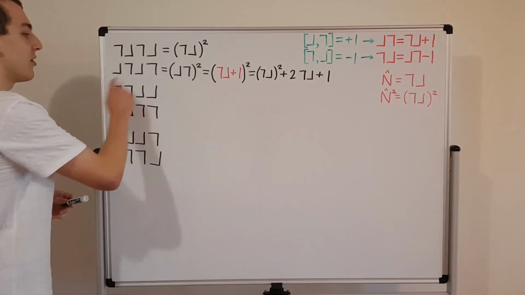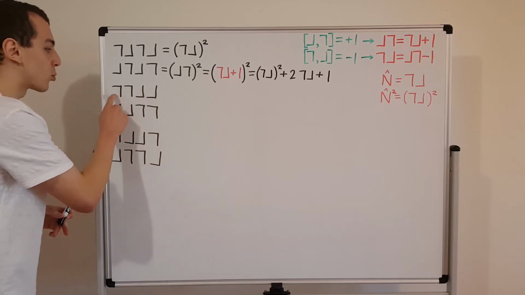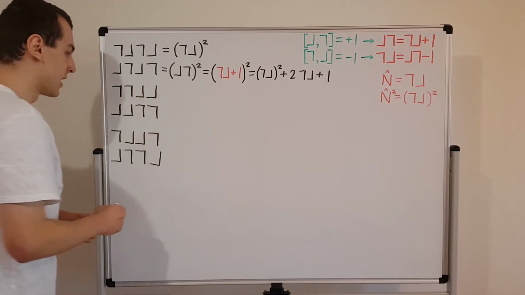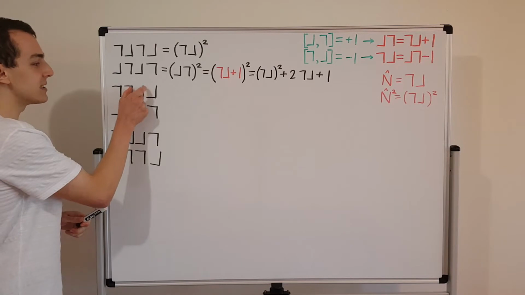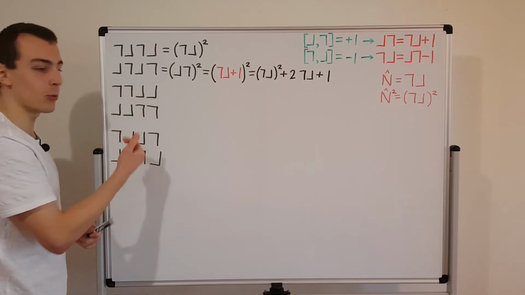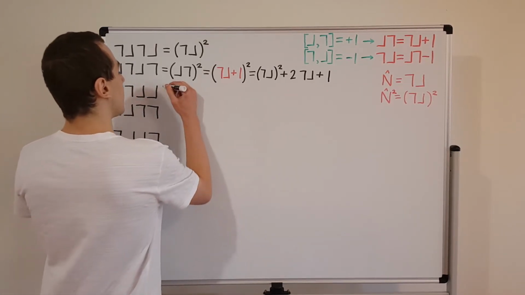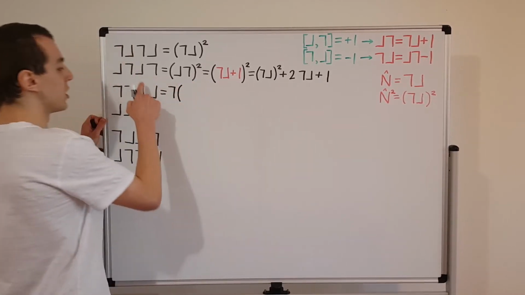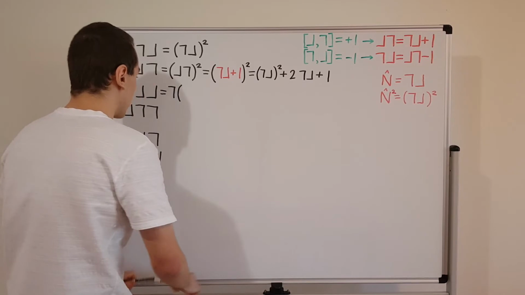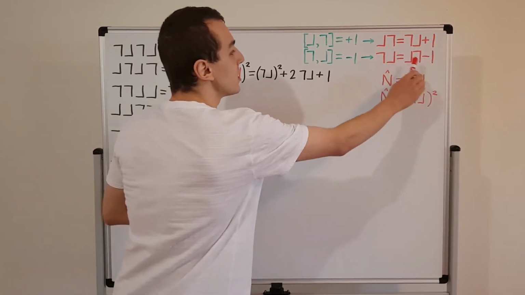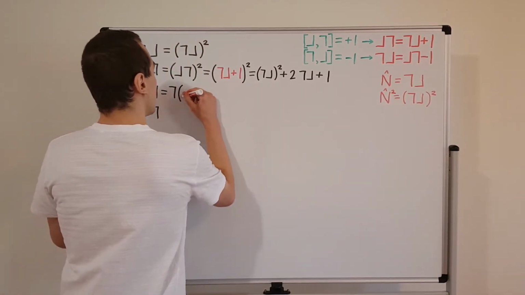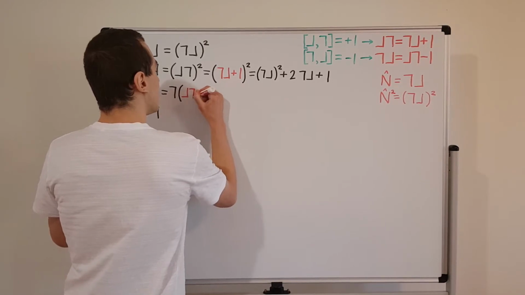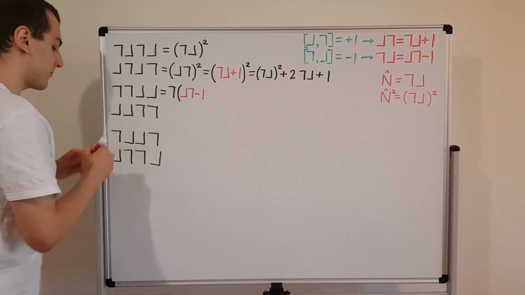Now let's have a look at this term over here. Here we have raise, raise, lower, lower. So what we can do is we can take these middle 2 guys and we can swap them around. So let's do that. If we take raise and then we swap these middle 2 terms around, so we have to take raise lower, that's going to give us lower raise minus 1.